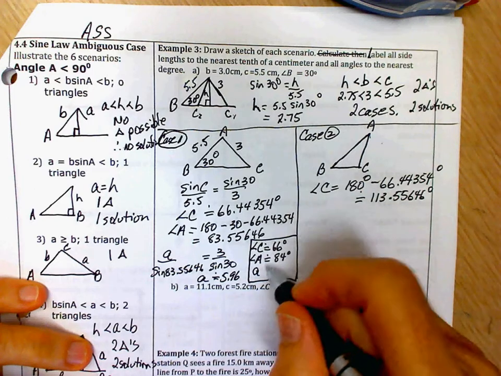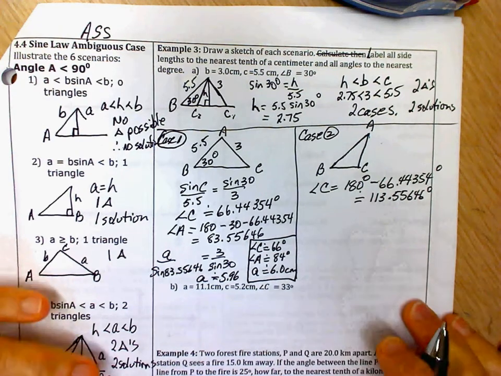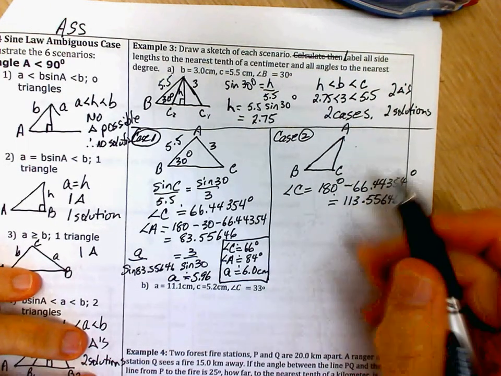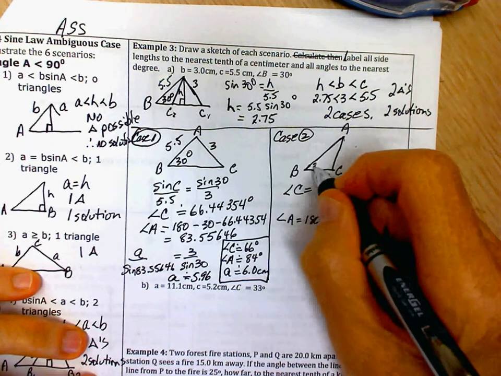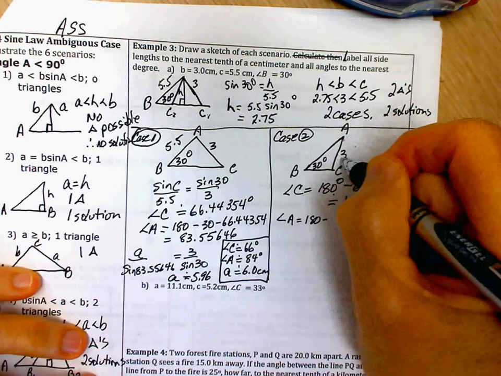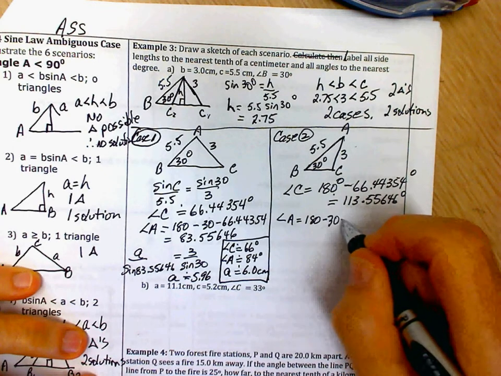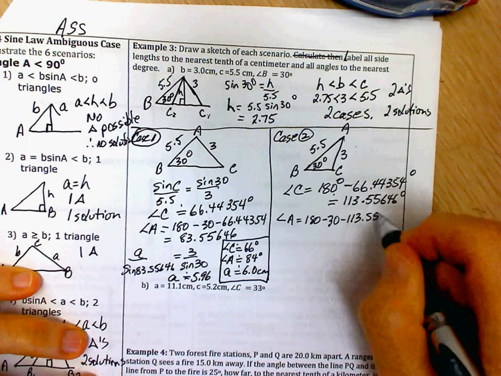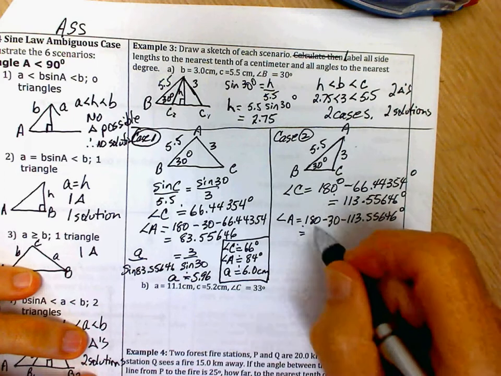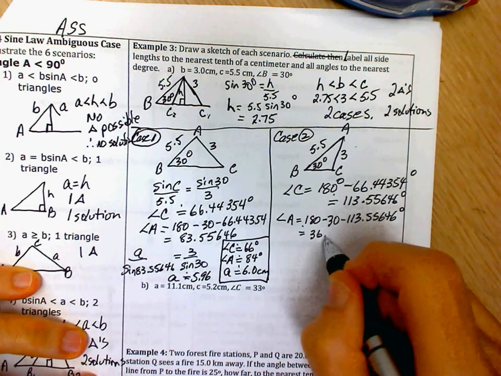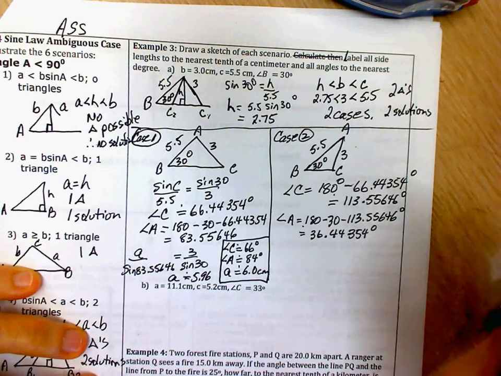centimeters. Okay, let's finish off this guy. Angle A equals 180 minus angle B, which is 30 degrees. Now this is our 3, this is our 5.5. 180 minus 30 minus 113.55646 degrees, which is about 36.44354 degrees. And now we can calculate side a, which is this guy, right? Side a corresponds to that.